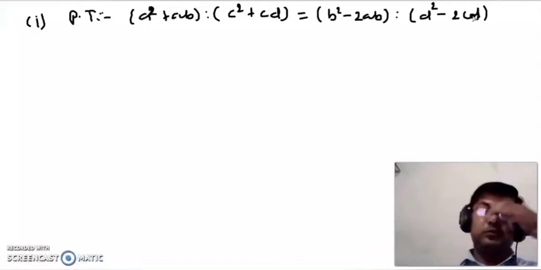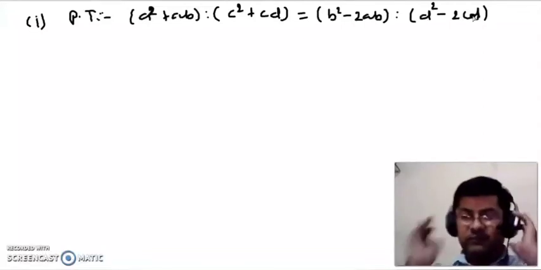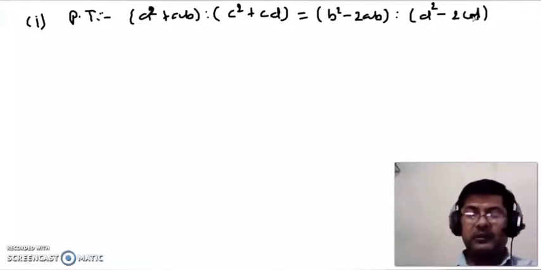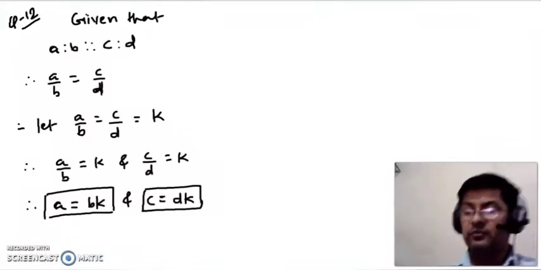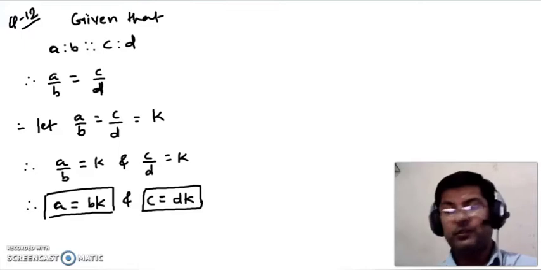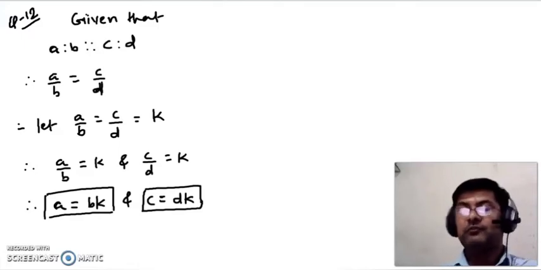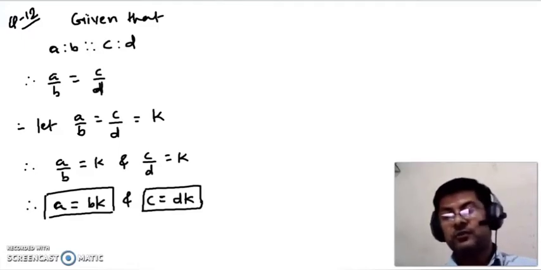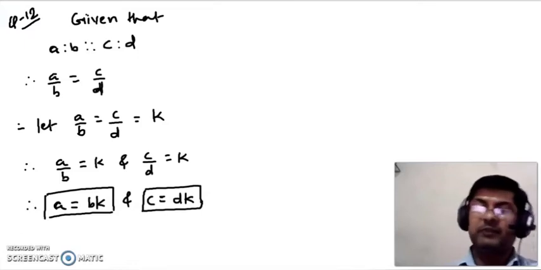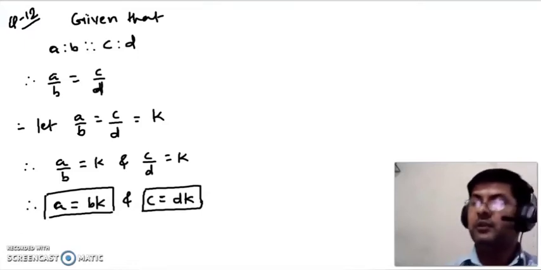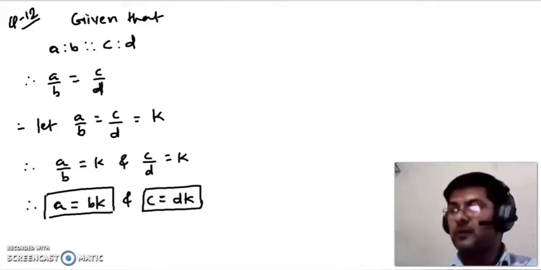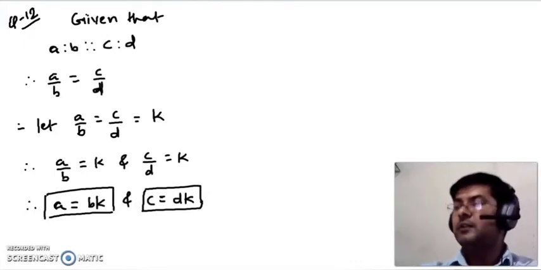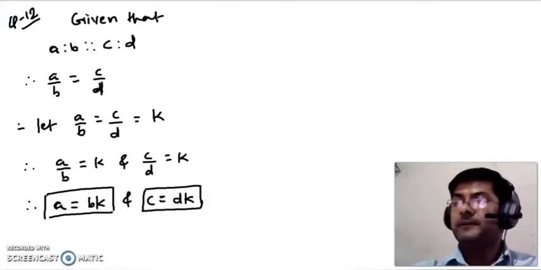In order to prove, we will use the results which we have taken: value of a is bk and value of c is dk. So we will substitute the two values in the left hand side and right hand side, and finally we'll show that both the sides are equal. And thus we arrive at the answer.